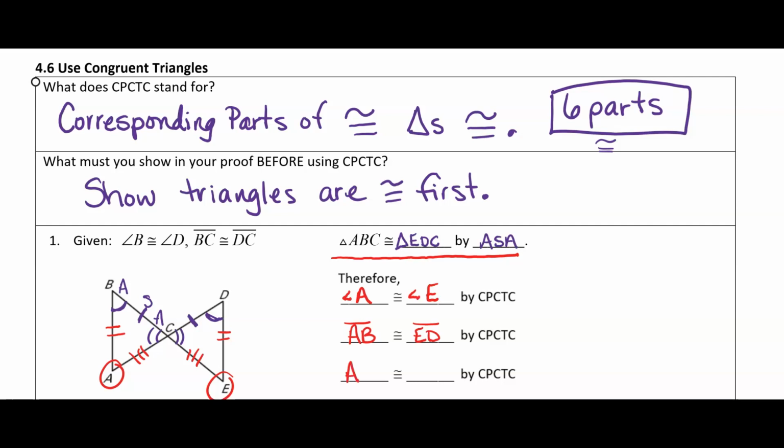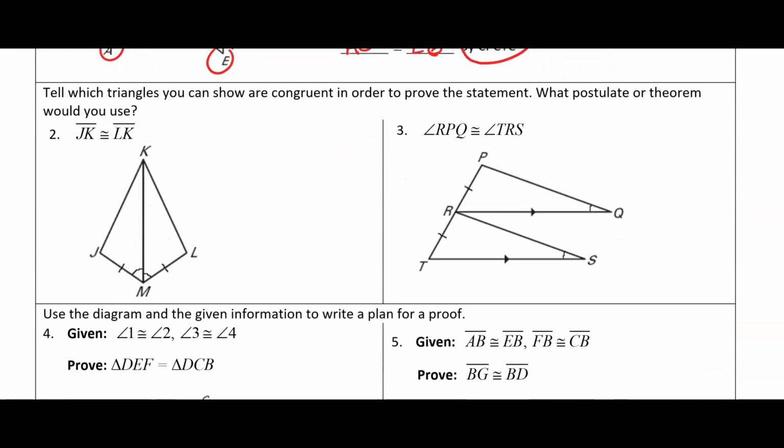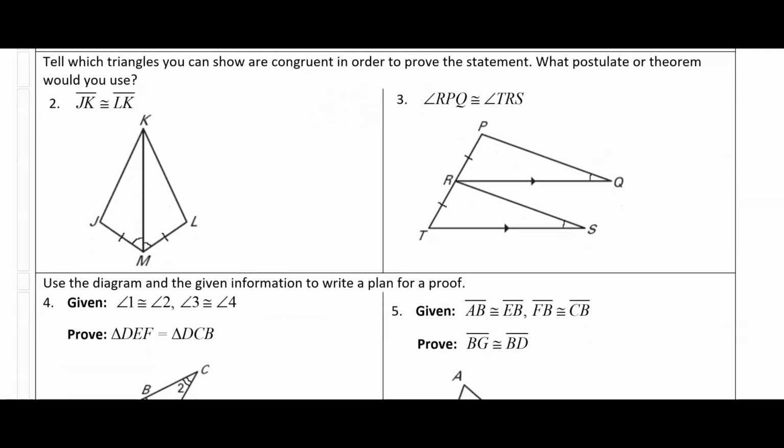And segment AC is congruent to EC. So again, CPCTC tells us 6 parts of the triangle are all congruent. Now, today what we're going to be doing is more proofs where CPCTC comes in a lot more.